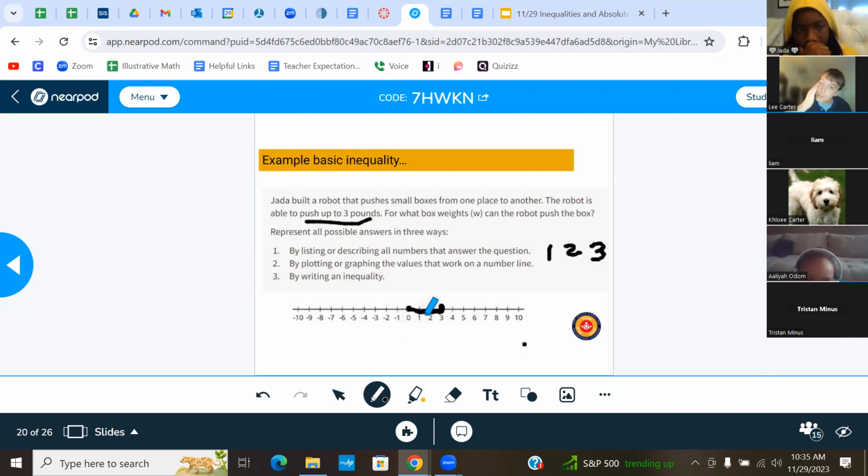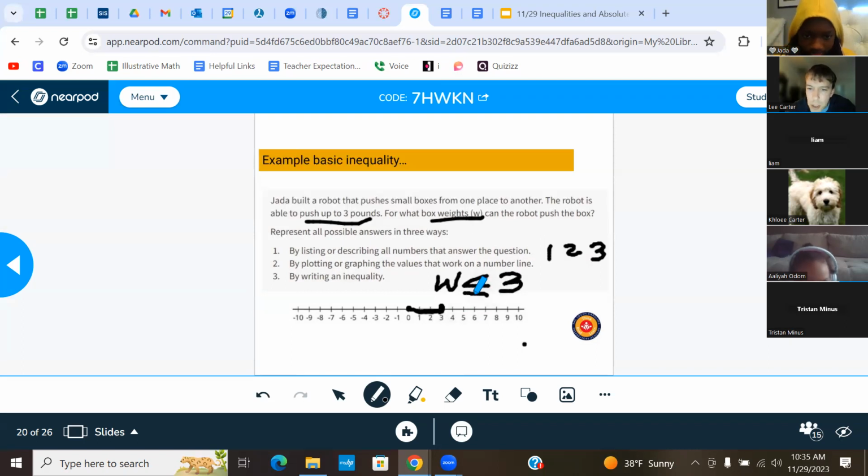Okay. So the way we look at this right here is the box weight that the robot can push. Could be 1, 2, or 3. Well, it can't be greater than 3. So the weight that he can push is less than 3 pounds, or it could equal 3 pounds.